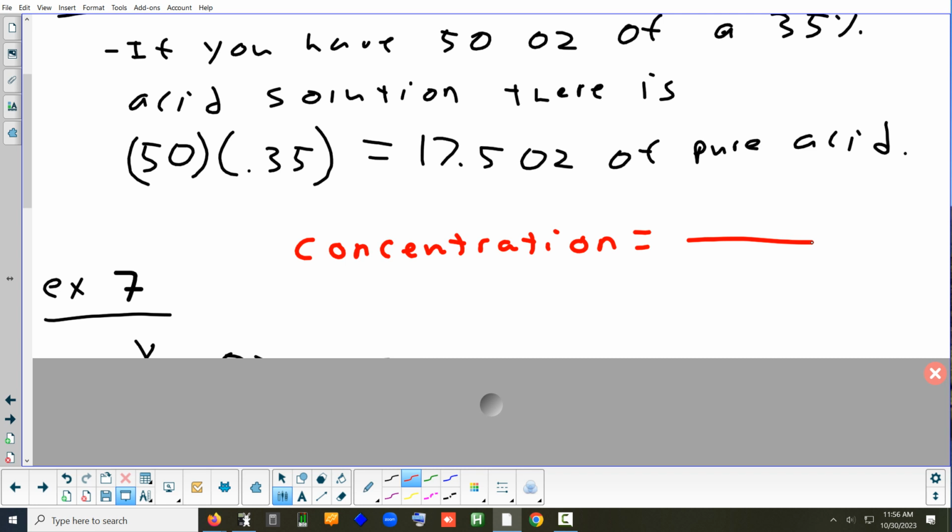In this case, it's not how many we got right, but how much acid. So it's the amount of acid divided by the total. That's how you find concentration. So if you had 10 ounces of acid and a 20-ounce solution, 10 out of 20 means you have a 50% solution. It's like getting 10 out of 20 questions right on a test. 50%.